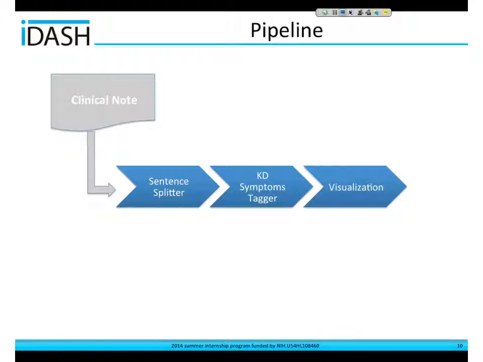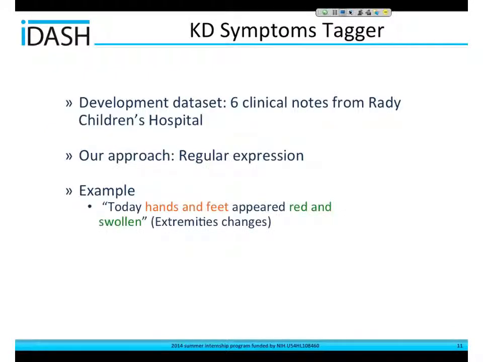And finally, we will visualize our data in a very nice format. The most difficult part in this pipeline was the KD symptom tagger. At first, we only had 6 clinical notes to build our system, so we decided to use a rule-based approach, regular expressions, to build our system.